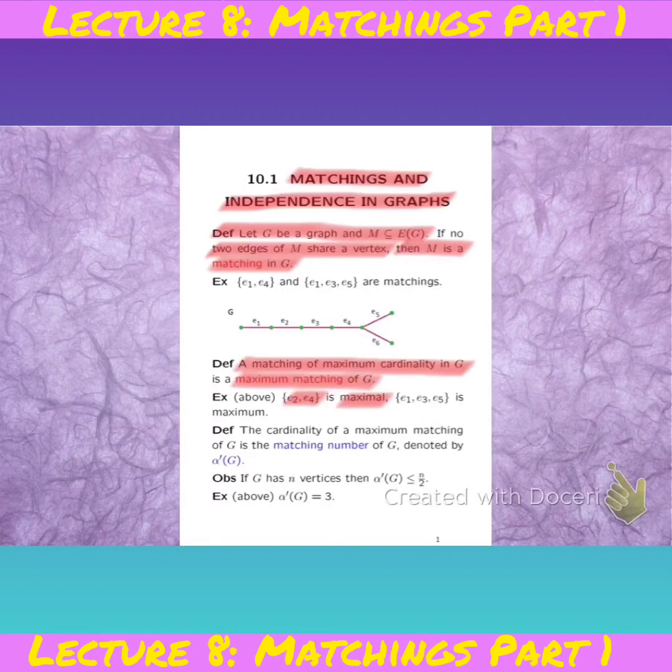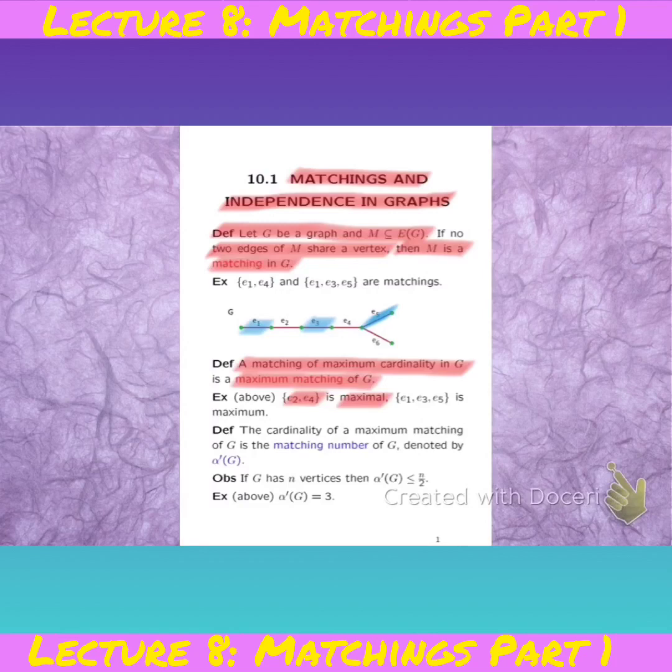If one looks at E1, E3, and E5, that is a maximum matching. First of all, it's a matching, and I cannot construct another matching that has more than 3 edges.